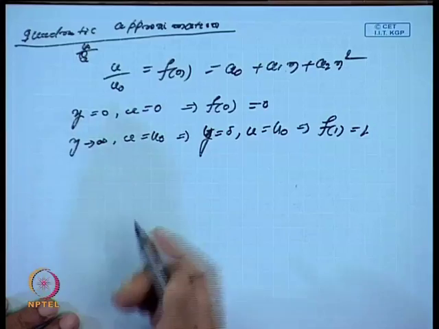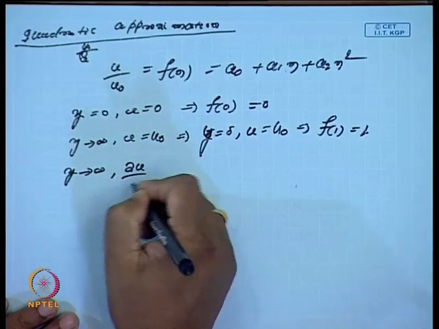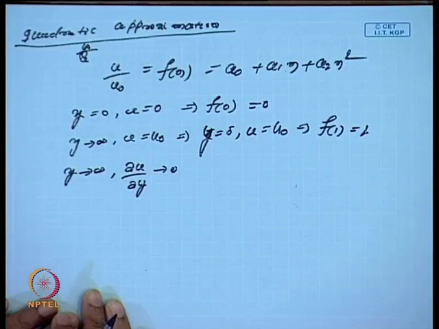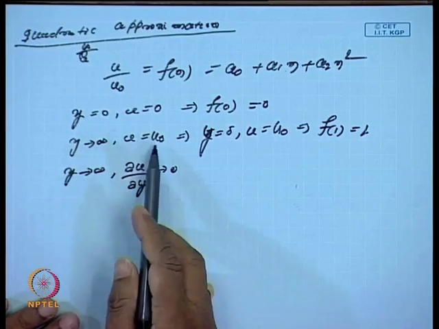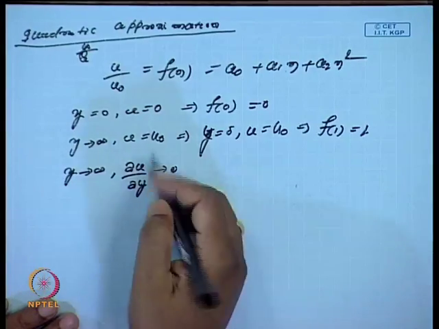Then I have another one: as y tends to infinity, del u by del y also tends to 0, because as y tends to infinity u becomes u naught, and it is a function of x.